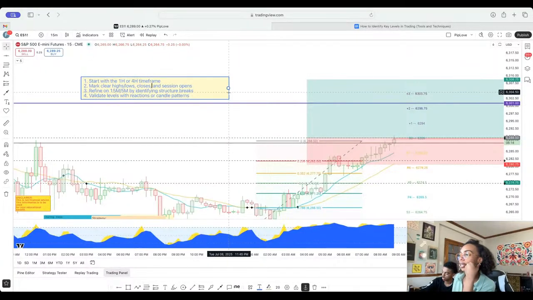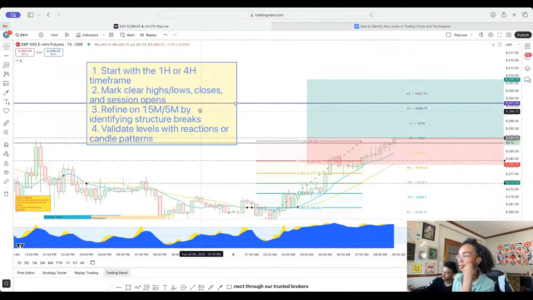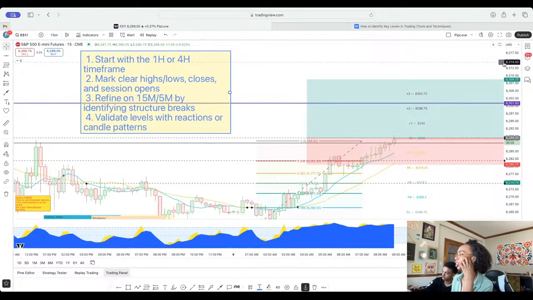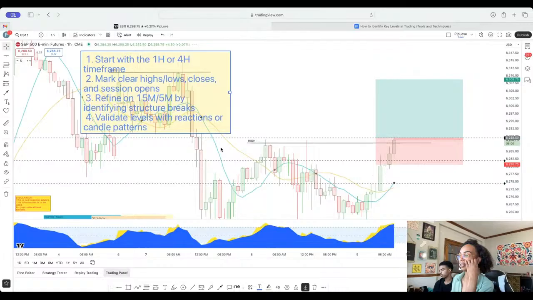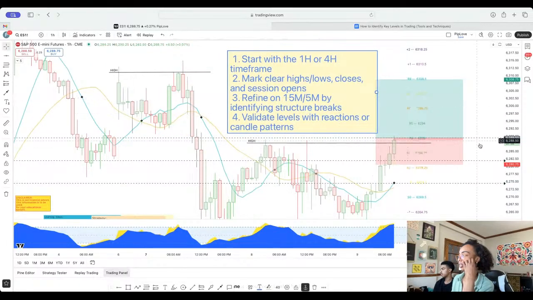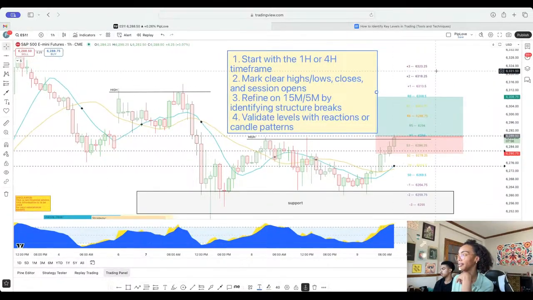All right, here we go. I want a clean chart. Let's go to the 1 hour. See if I don't have all this stuff in the 1 hour. Okay, here we go. Let's look a little better.